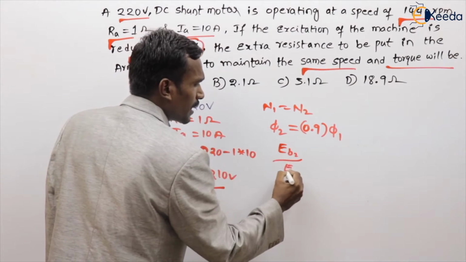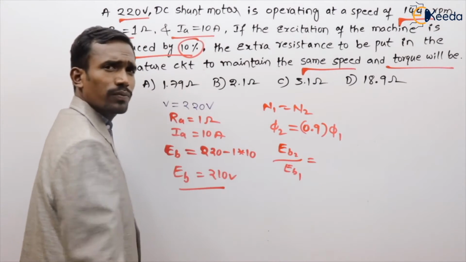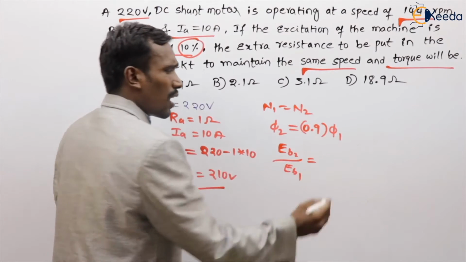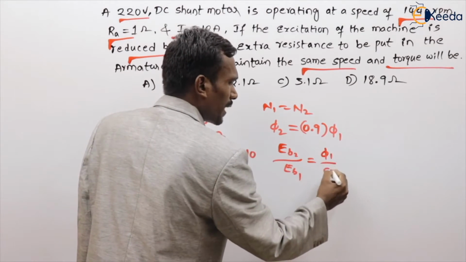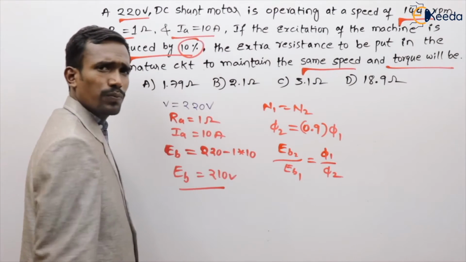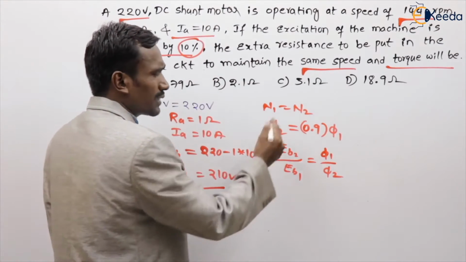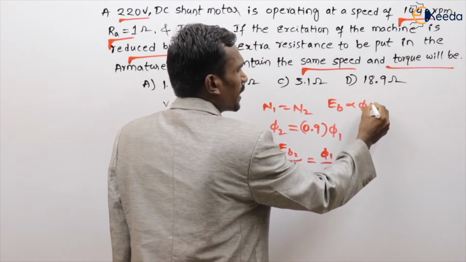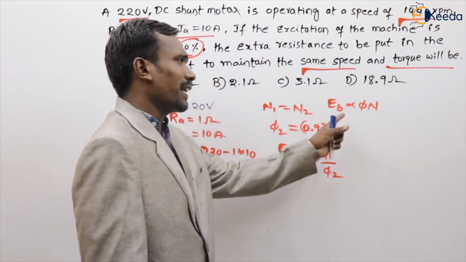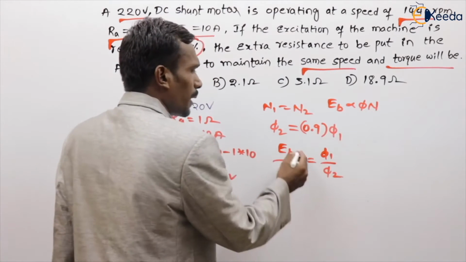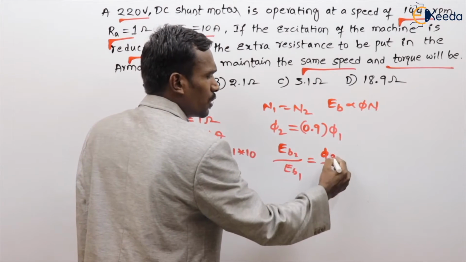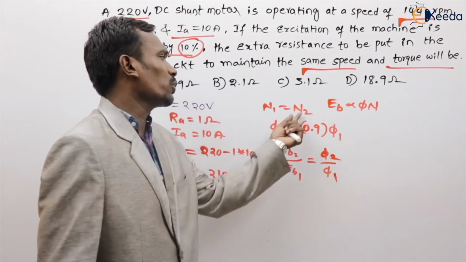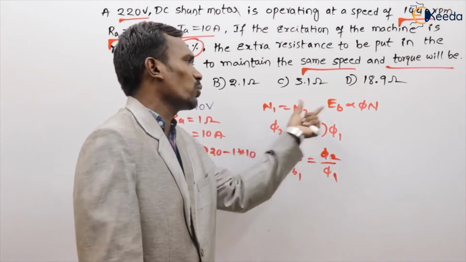EB is directly proportional to phi into N. So EB2 by EB1 is equal to phi2 by phi1 into N2 by N1. N2 and N1 are both the same, so those two get cancelled out.